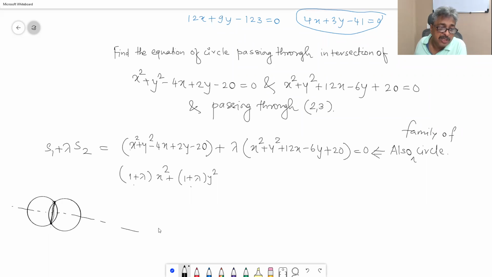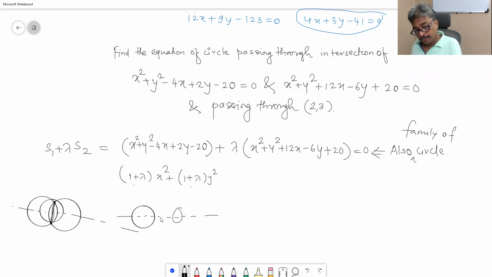All centers will be on this line. If they are intersecting, there will be a unique smallest circle. If the two circles are not intersecting, then the smallest circle is going to be a point circle. Anyway, that discussion we will do in 11th standard.